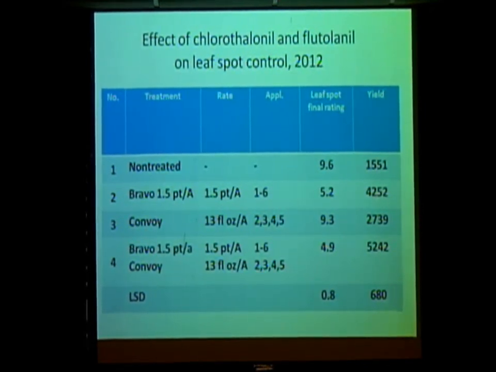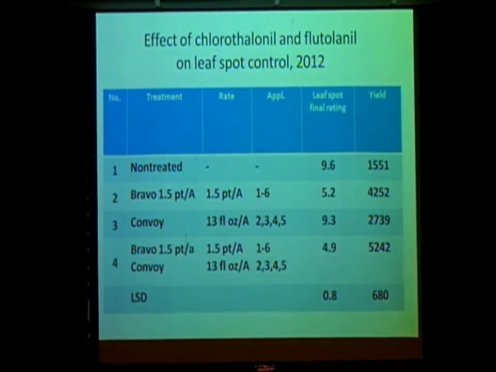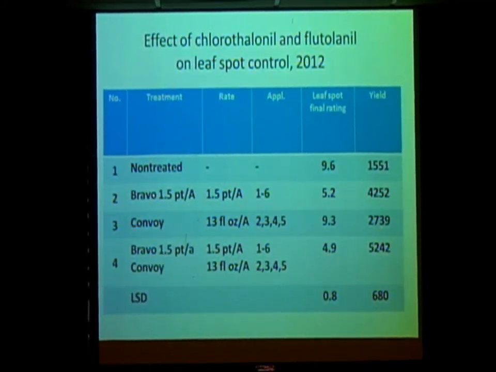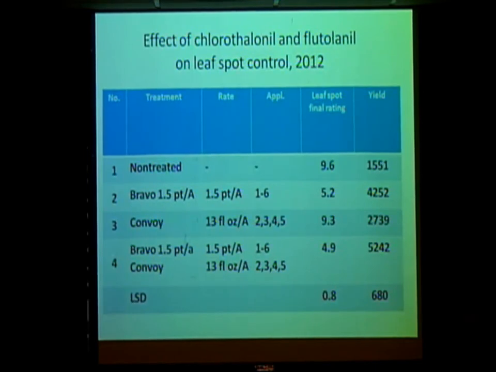But there was a yield increase because of leaf spot control with the Bravo, and a yield increase of about 1,200 pounds with just the Convoy, I think because of the soil-borne disease control. But then when you put the two together, you're getting good leaf spot control with the chlorothalonil, and then about a 1,000-pound yield increase over just the Bravo.